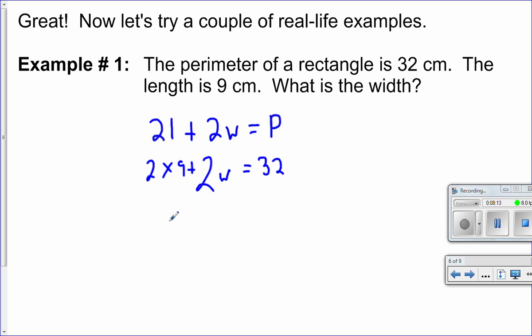Okay, so 2 times 9 is 18. So 18 plus 2w equals 32.